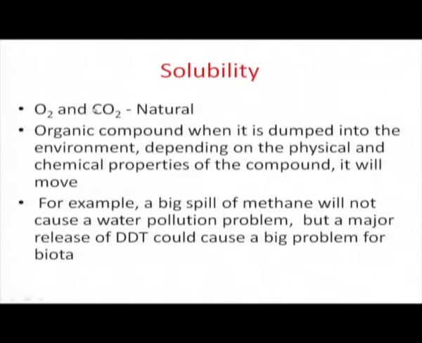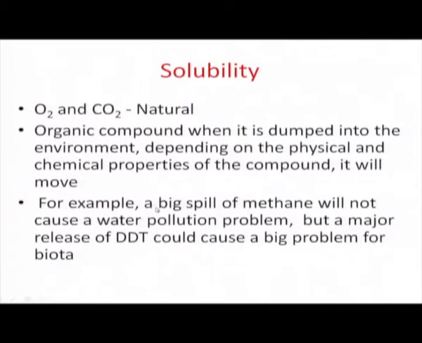Generally, if chemical substances are polar in nature, they are more soluble in water. If the polarity is low, then usually the solubility is less. So, when an organic compound is dumped into the environment, depending on its physical and chemical properties, it will move into the water system or move out of it.